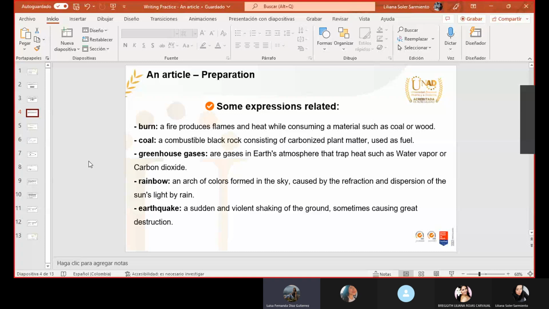Burn: a fire produces flames and heat while consuming a material such as coal or wood. Do you know what is wood? It is the material from the trees.